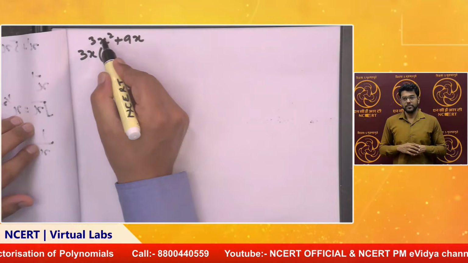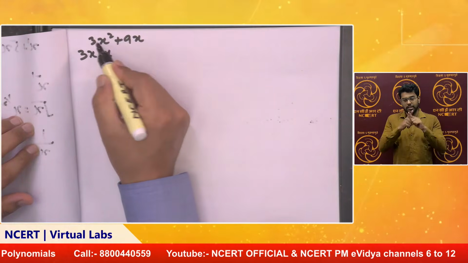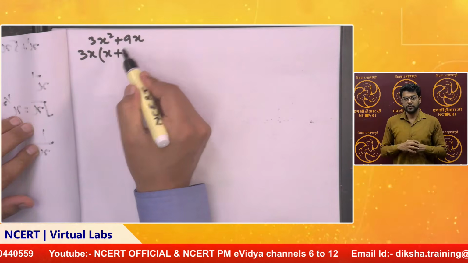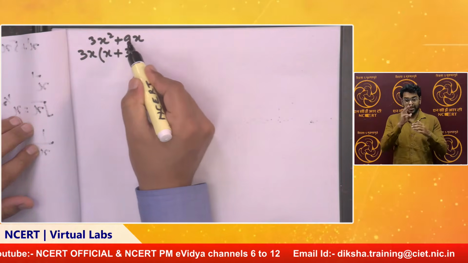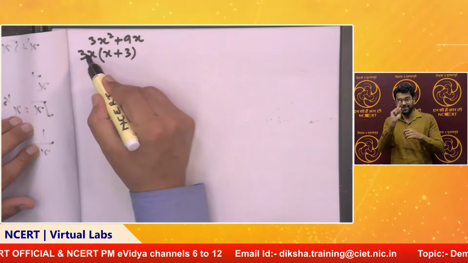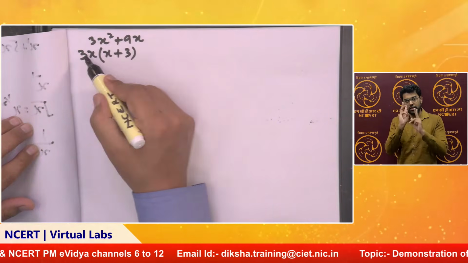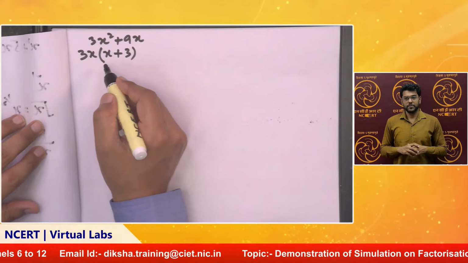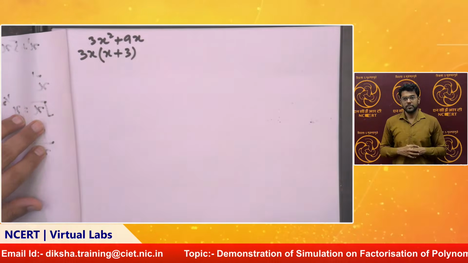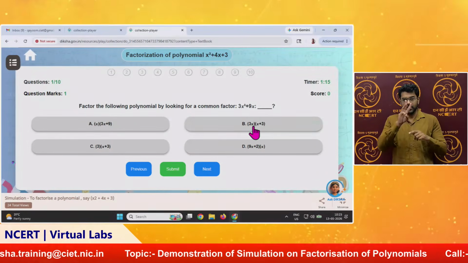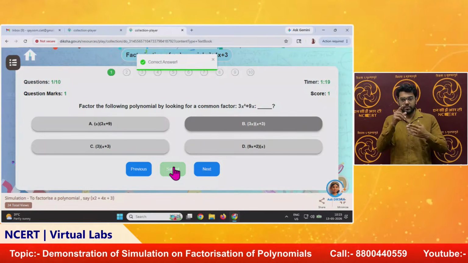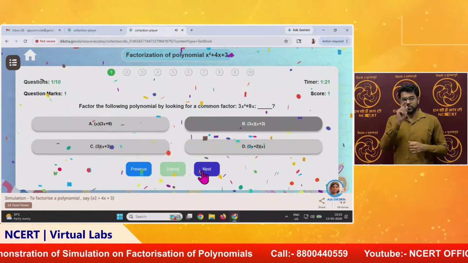Here only x will remain, 3 I have taken out, and here plus sign and 3 will remain. Out of 9 I have taken 3 out and 3 is here, and x I have taken out. So you can see there is an option like this, 3 into x plus 3, we can put this and submit this, and it is saying this is the correct answer.